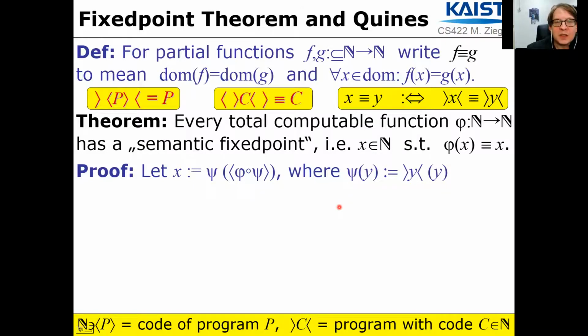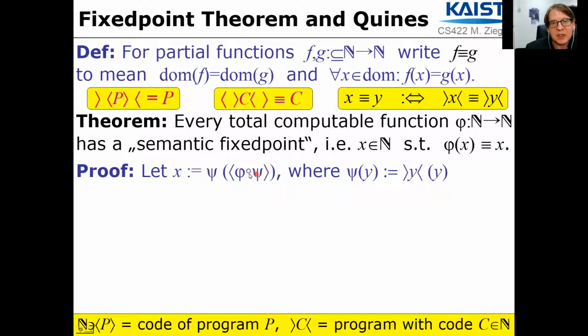Right, so here it's a constructive proof, and here I just state this is going to be the semantic fixed point. It looks so easy, but let's look precisely. It uses the function psi, which is defined here, and applies this to the code of this composition of two programs: the program psi, that again I'm going to explain in a minute, followed by the execution of the total computable function, or the program representing that function here.